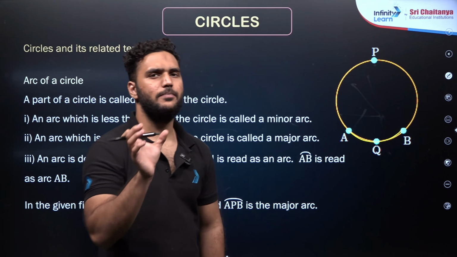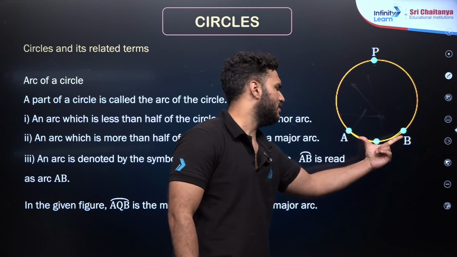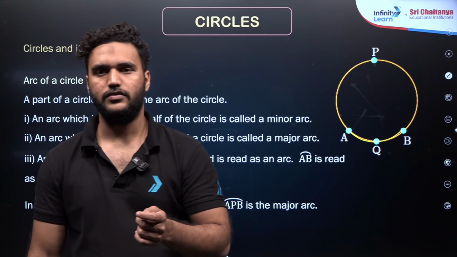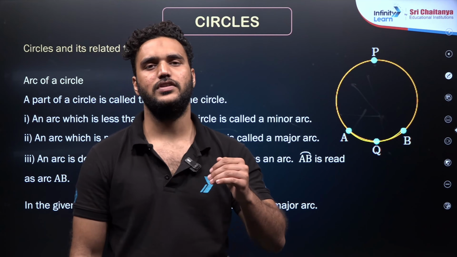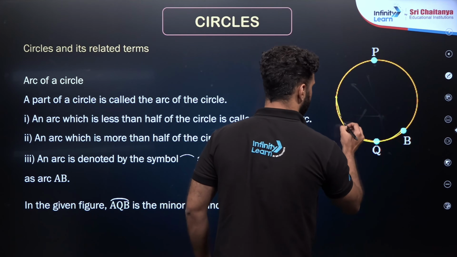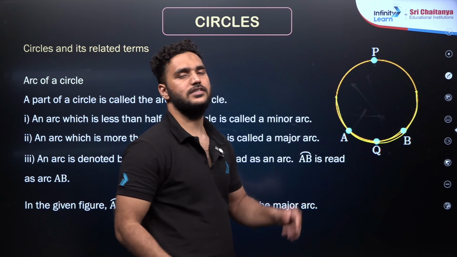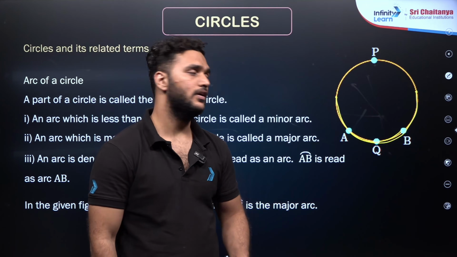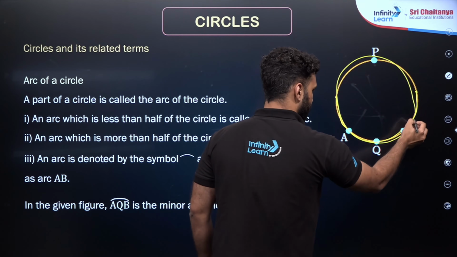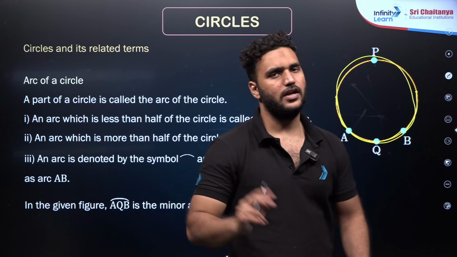If you take a part of the boundary of a circle, not the complete boundary but a part, and if the part is less than half of the circle, let's say from here to here is half, then we call it a minor arc. And if you take this arc, it is called a major arc. Minor arc, major arc, clear?